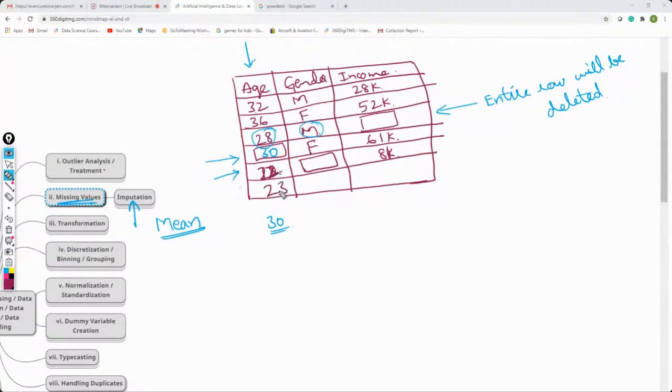So here say age is 23, it's female, and 26,000 salary, right? So you look at the mode. Mode is that value which repeats the maximum times, right? So you have 1, 2, and 3. Mode is female for this. So you take female and replace this missing value with female.